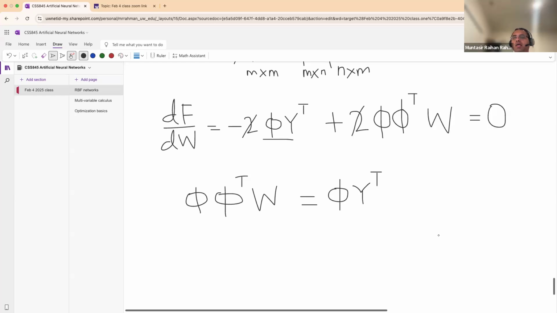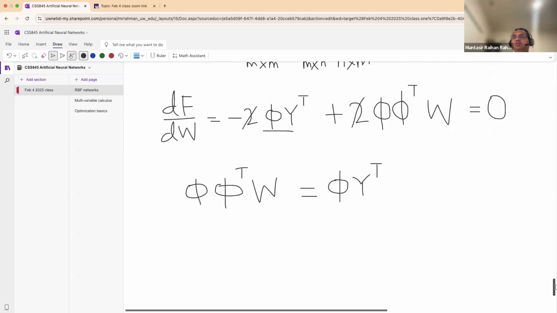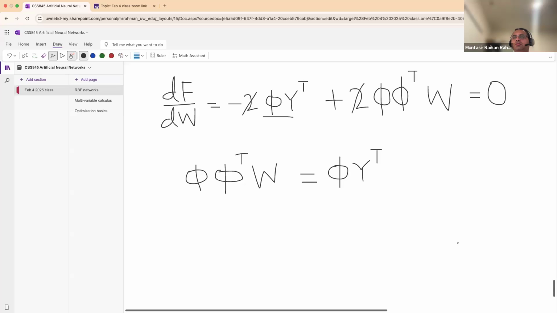And now to solve for w, what can I do? Can anyone suggest what to do? How do we recover w from here? Multiplying by the inverse of phi transpose on both sides. Exactly. If I do that, I get w equal to phi transpose inverse. And why is this inverse valid?